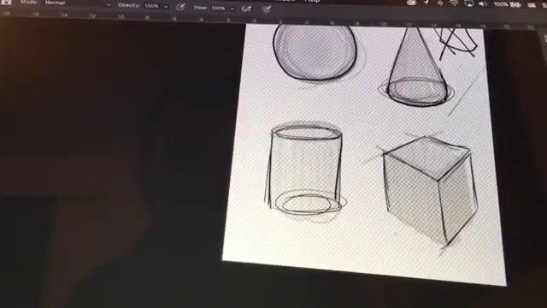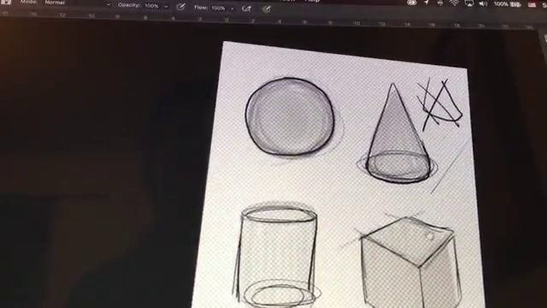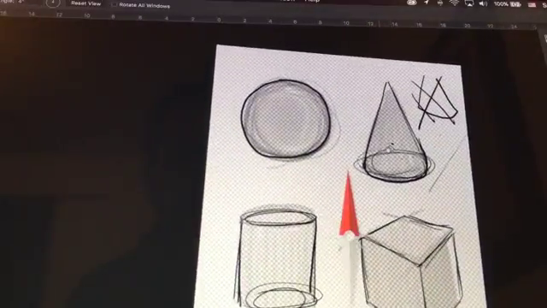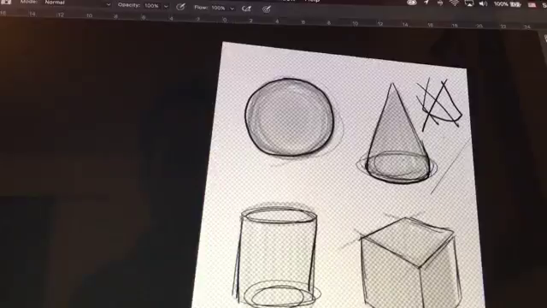You probably already understand the concept of perspective with cubes, and that's what I'm drawing here basically for you. So if you just practice drawing this stuff, the next level would be to understand black and white.